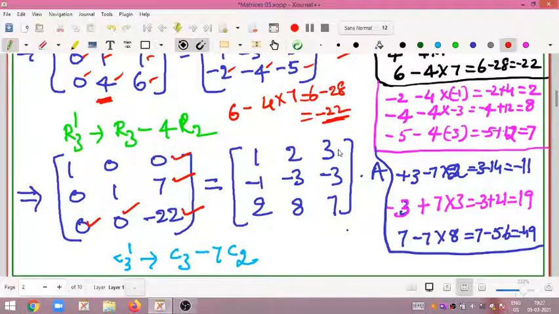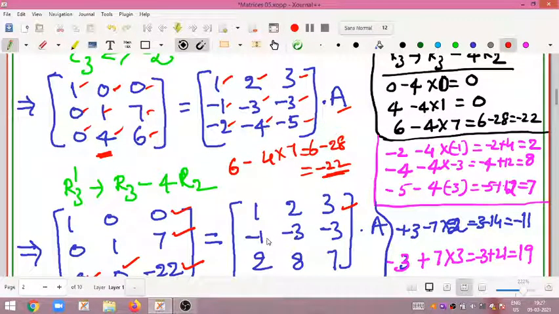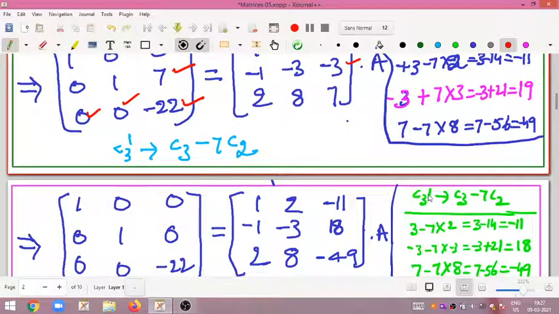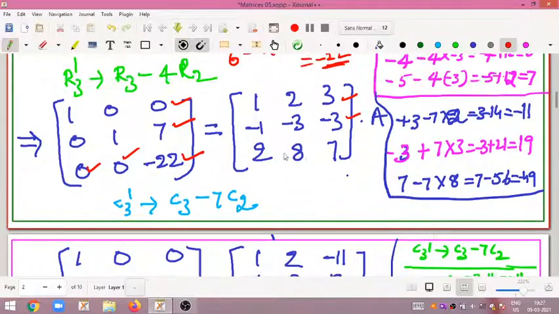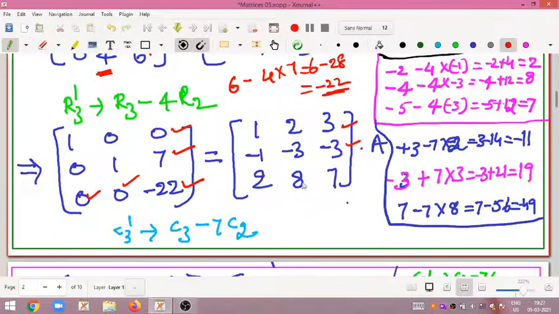Okay, again same operation we'll do here. First row write as is, 1 2 3, and second row 1 minus 1 minus 3, minus 3 I wrote here. This one operation, see here I did here, R3 dash implies R3 minus 4 R1.